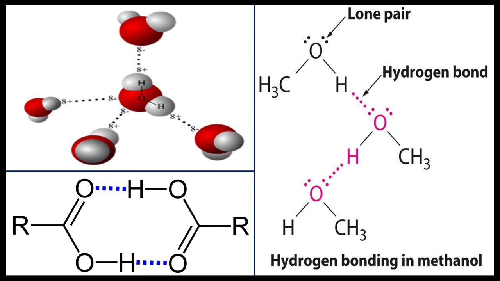Here in the upper left is water, and down below is a particular type of organic substance. On the right, you have methanol, where you have this hydrogen bond between the oxygen and the hydrogen.